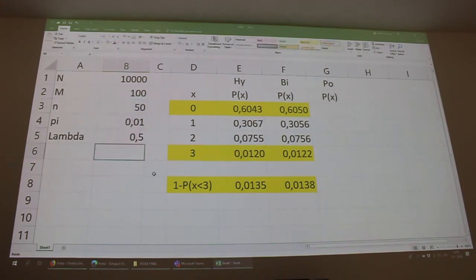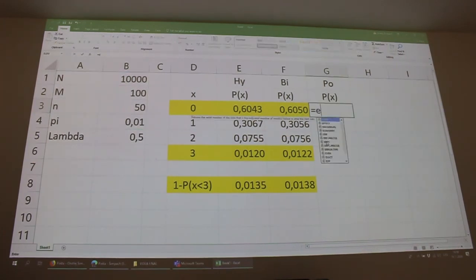So this is lambda, and this lambda will be used here. No other parameters will be used. So we know that we must start with e, exponent, powered by minus lambda. I will use only this one parameter.